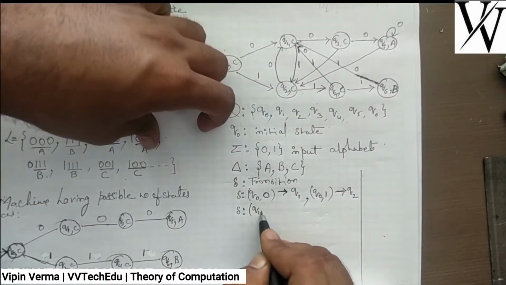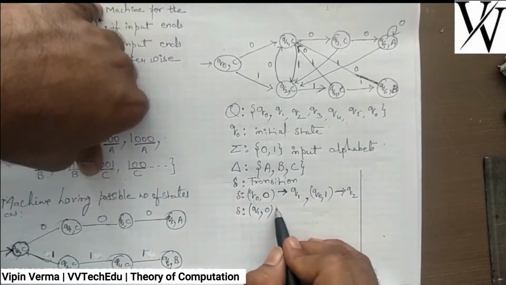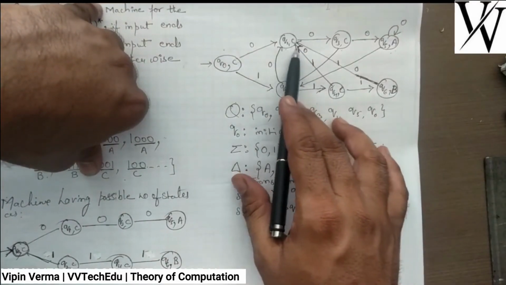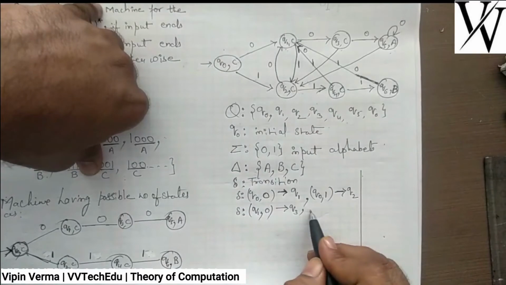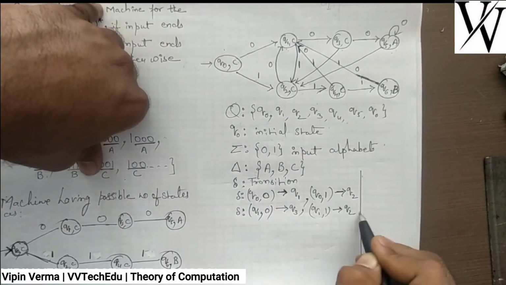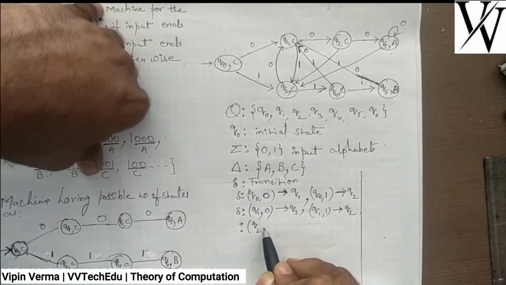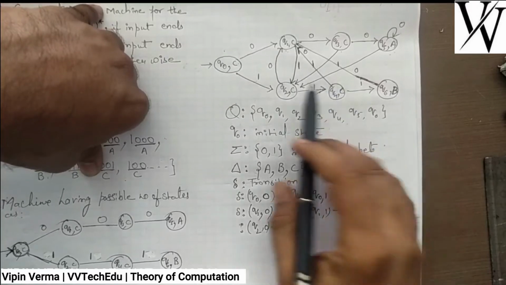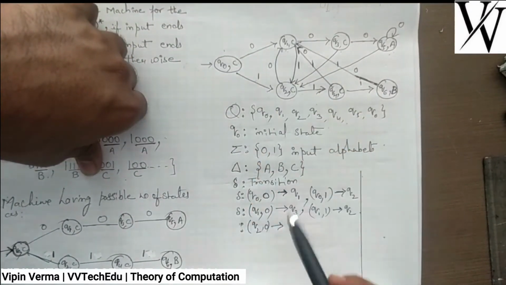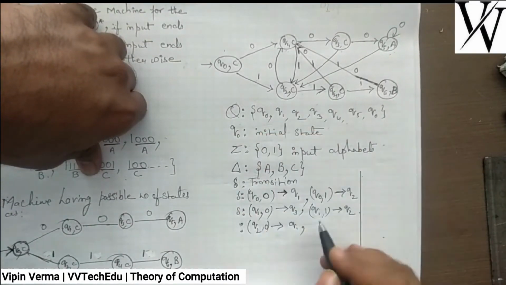Transition at Q1 state with 0, Q3. Q1 with 1, Q2. Now Q2 state with 0, it is Q1, and Q2 with 1, it is Q4.